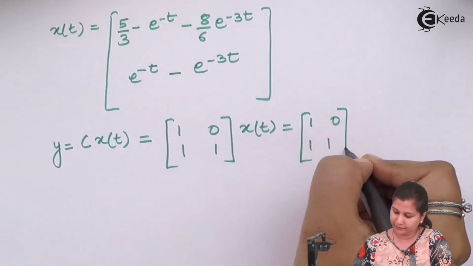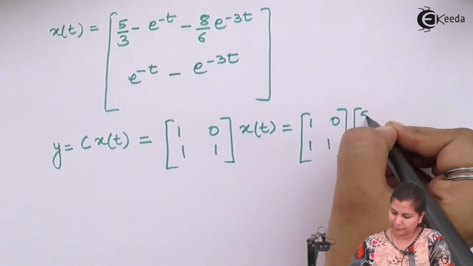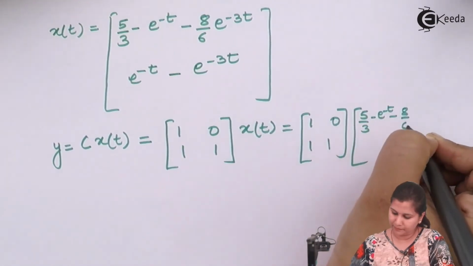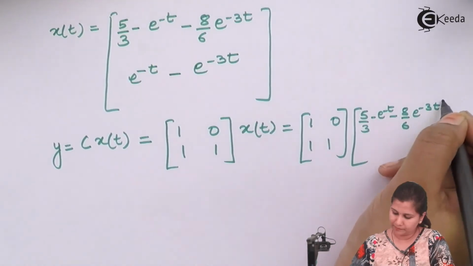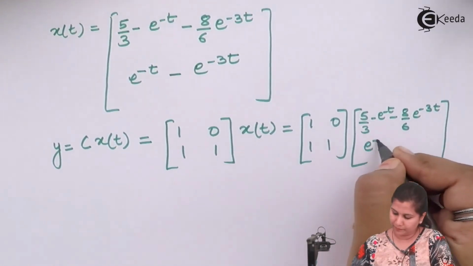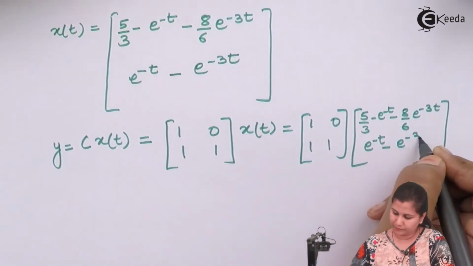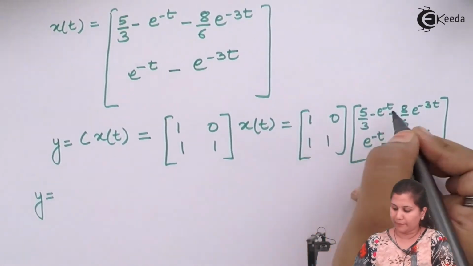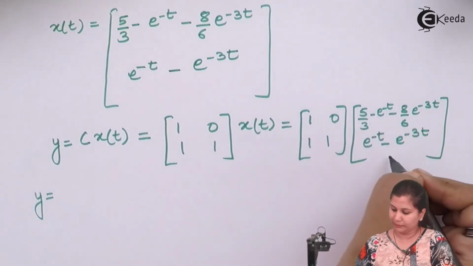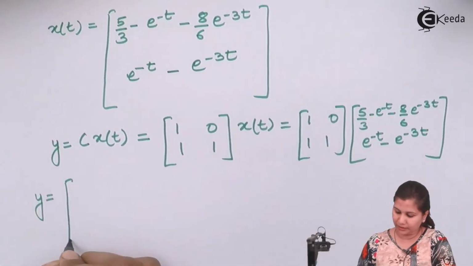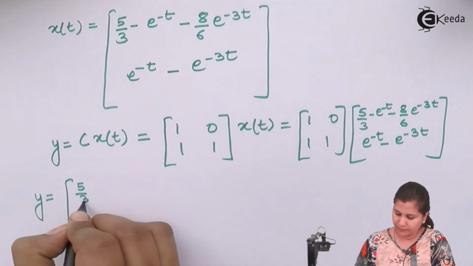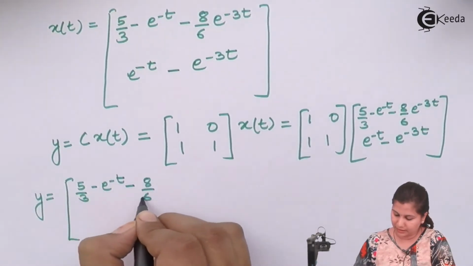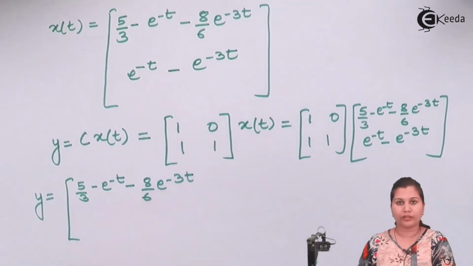Substituting it, y will be equal to 1 multiplied with this and 0 multiplied with this. So we are going to get 5 by 3 minus e raised to the power minus t minus 8 by 6 e raised to the power minus 3t.